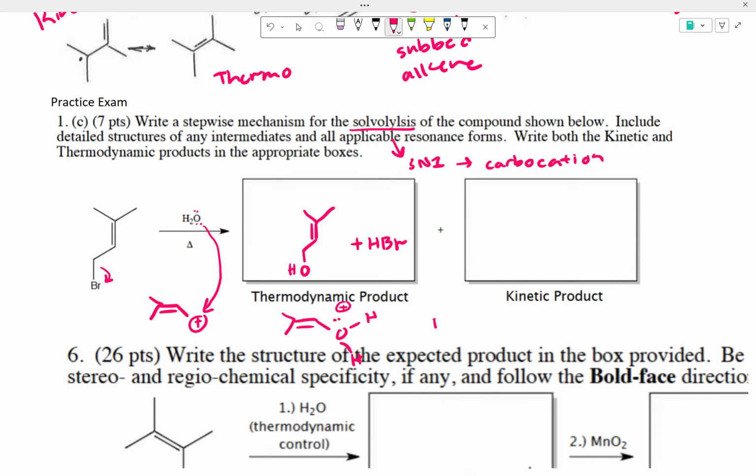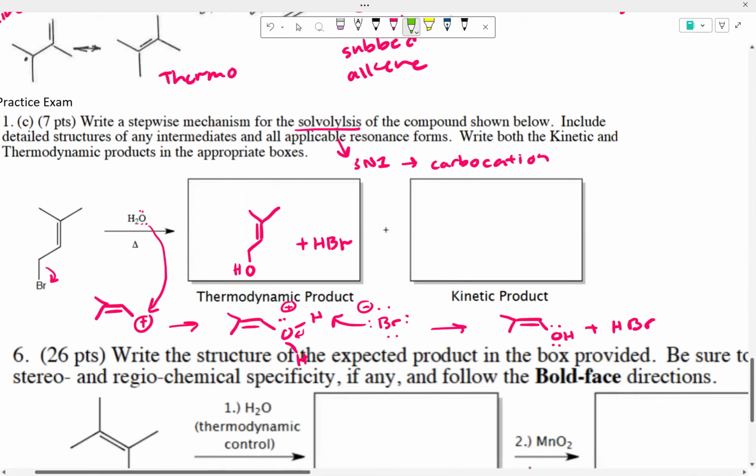Next, we still have our Br floating around, right? And this has a negative charge. So it's going to deprotonate my water, push electrons back to the oxygen, and we're going to get this, and HBr.